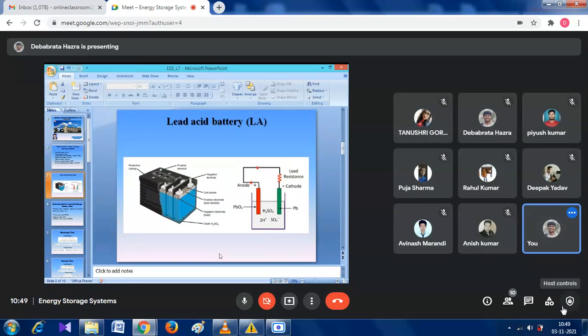And these cells are actually mounted in a protective case. Then we use it as a lead acid battery, and we mainly use lead acid battery in case of car battery.